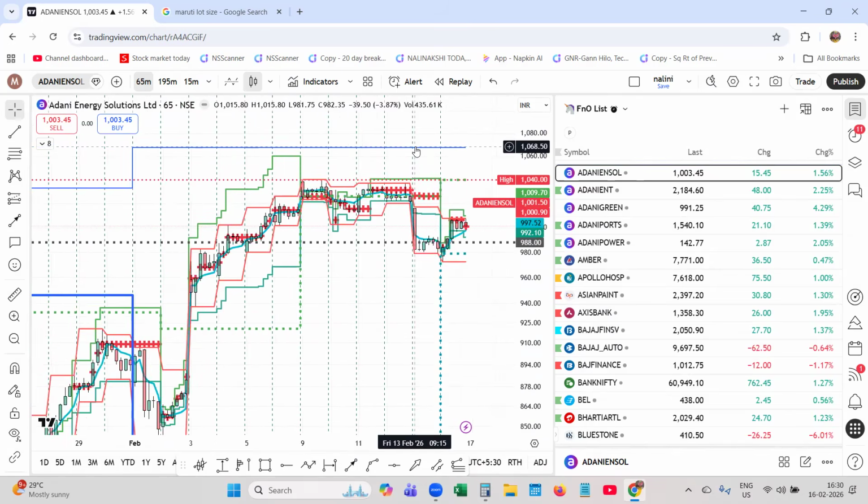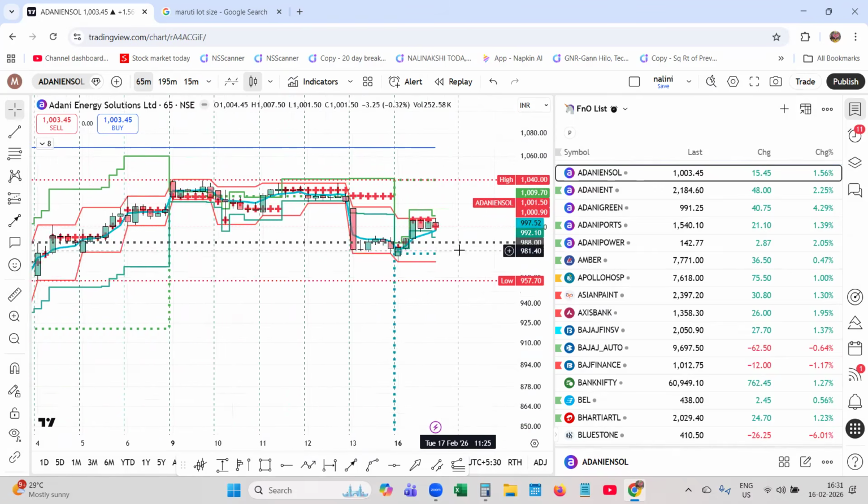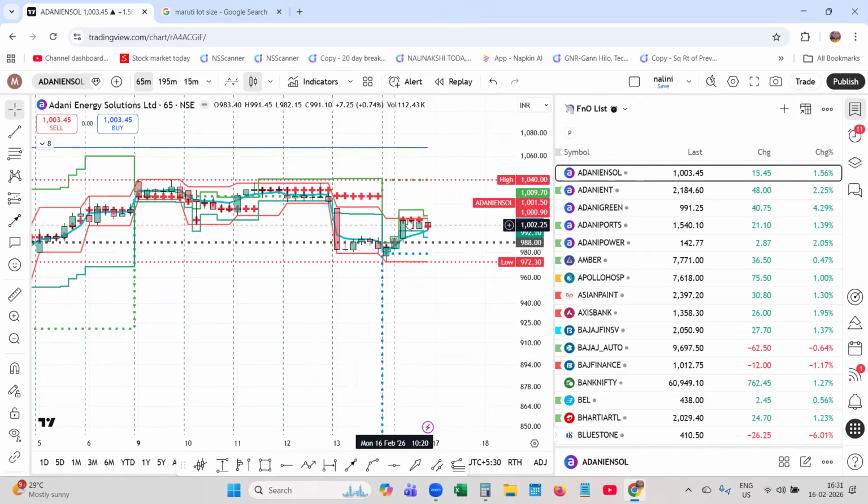This blue color is the previous month high. So now it is over, it may go sideways. This stock we are not going to put in our watch list because it has come down, it has pulled back, and it may go sideways for another 1 or 2 days. Better not to trade. It's not a straightforward stock.